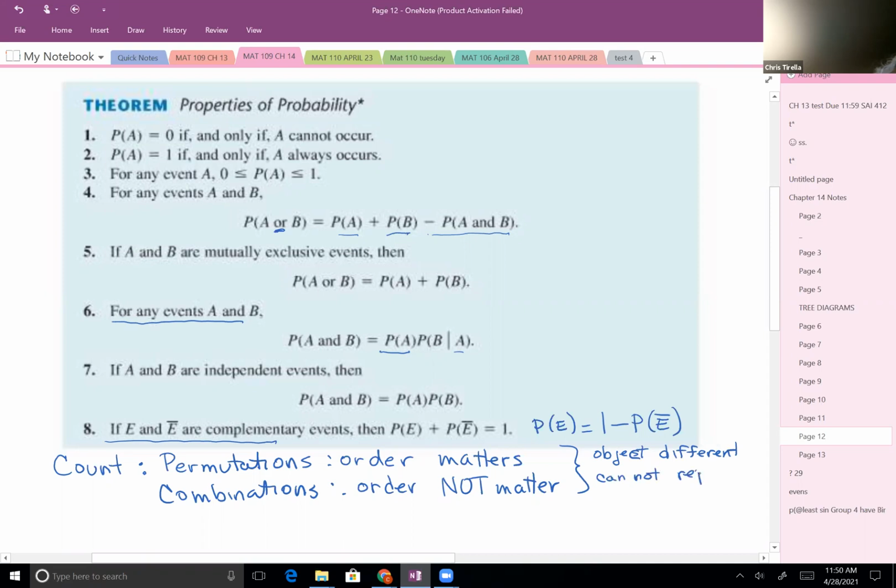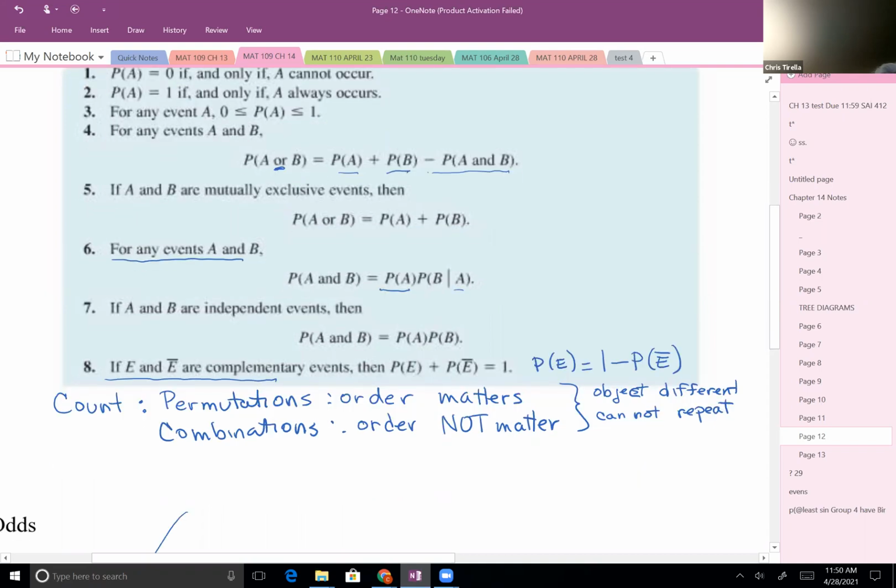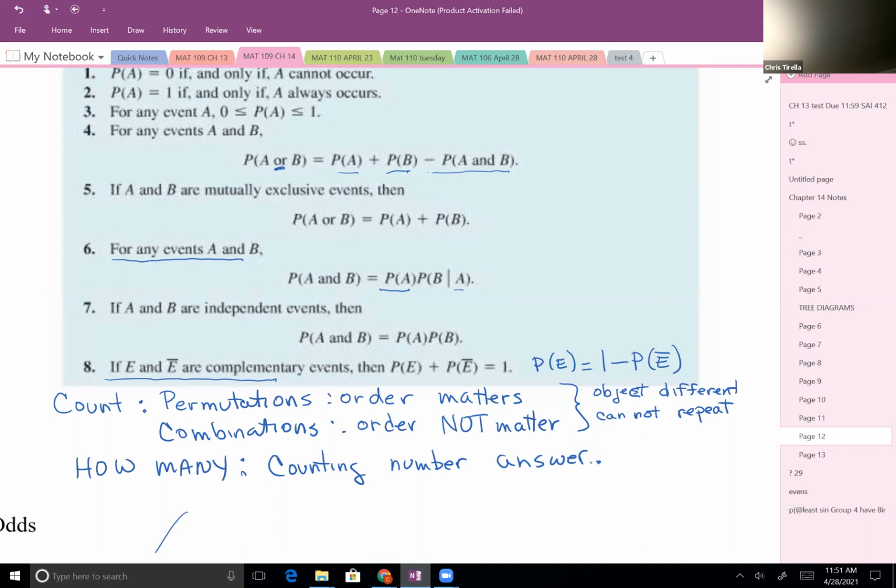We can't use the same object over and over and over again. And the other thing is if a question says how many, then you should have a counting number answer. If it says probability, your answer should be a fraction. And amazingly, I apologize, we ran over for a minute, but that was exactly where I wanted to end today.